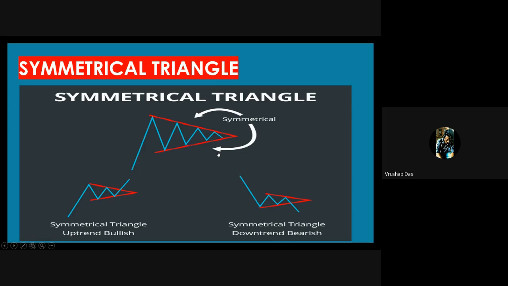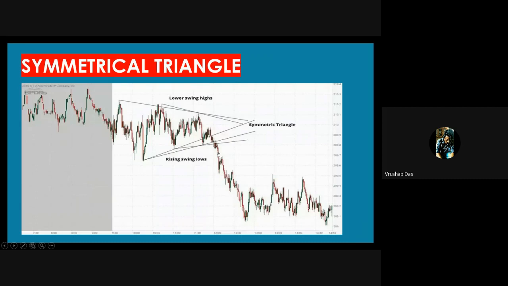And what are the triangle pattern time scales like? Okay, this is an example of the symmetrical triangle. You can see here the new lows are rising from the first point, and the second point is higher than the first point, and the third point is higher than the second point.